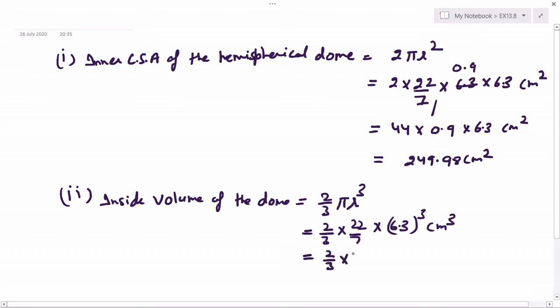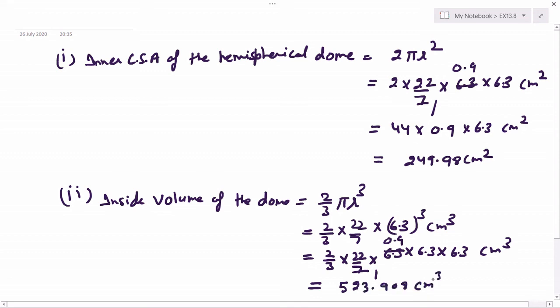Now this is 2 by 3 into 22 upon 7 into 6.3 into 6.3 into 6.3 centimeter cube. You can cancel this, 0.9. Now children, you multiply these numbers and divide this by 3. Here I am directly writing the answer, 523.908 centimeter cube, right?